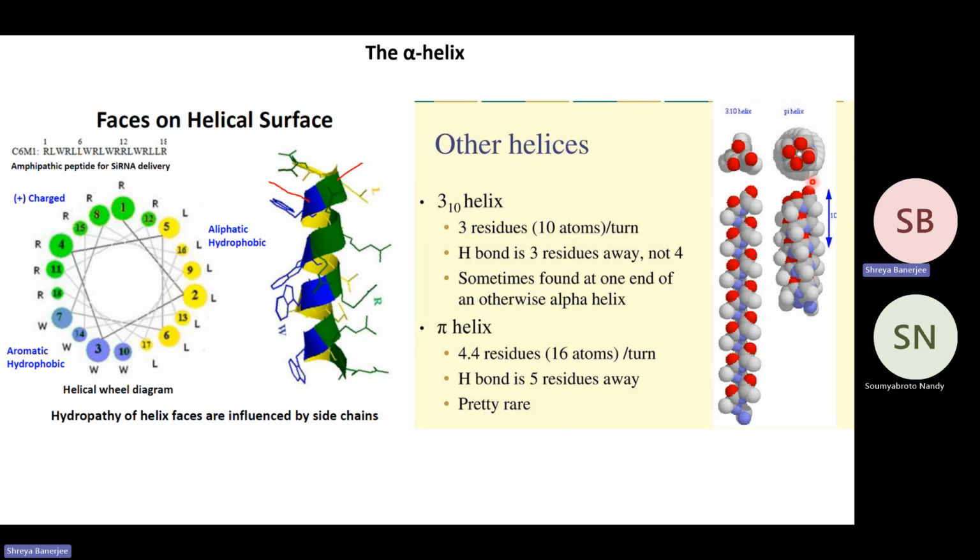Because in the pi helix the bonding is at larger distances, the pi helix is larger in diameter. So there is a kind of cavity in the middle of pi helices, and pi helices can often be used as channels. Suppose you have to deliver a molecule through a channel, then the pi helix can be used. But it is a pretty rare helix to occur naturally.